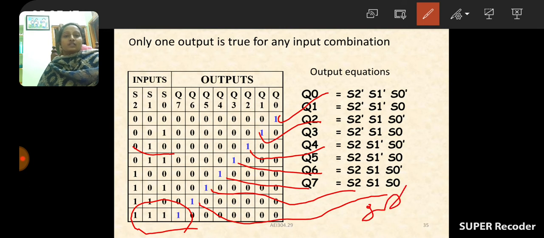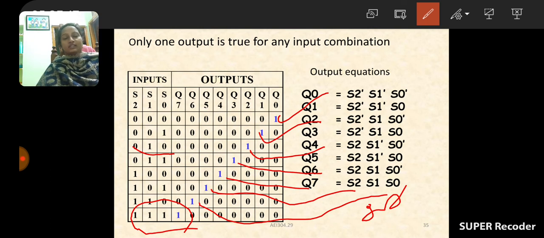So in this way it will select the output lines. According to the inputs the outputs will be selected. That means the input must be passed through one of the 8 lines. Now according to the truth table we can develop the logical expression.